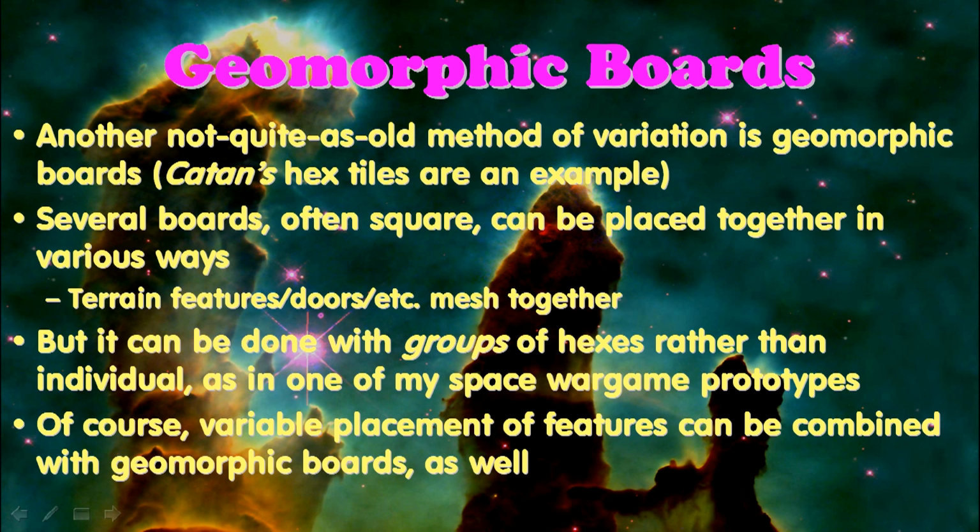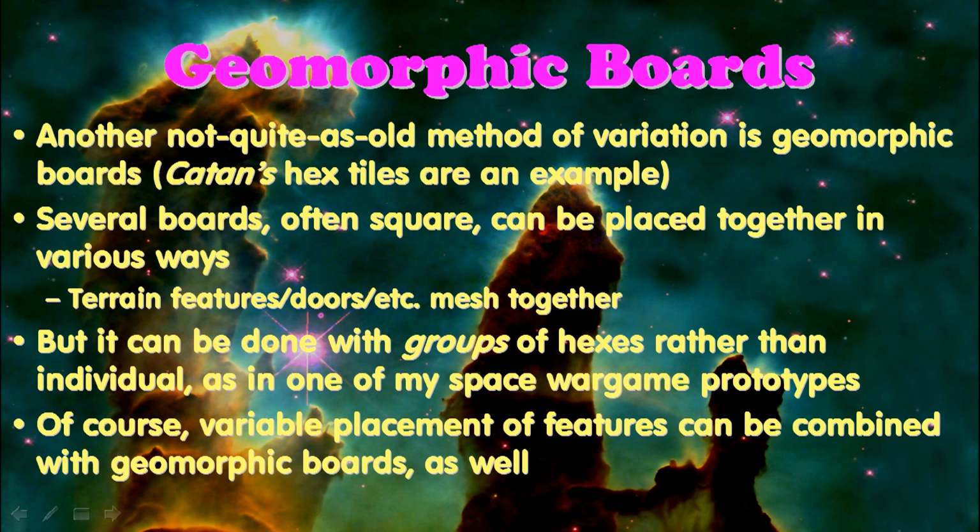Geomorphic boards, of which Catan's hexes are an example, usually use square boards that can be put together in various ways. The terrain features or doors or whatever it is have to mesh together, so it's not so easy to do as with a bunch of hexes.